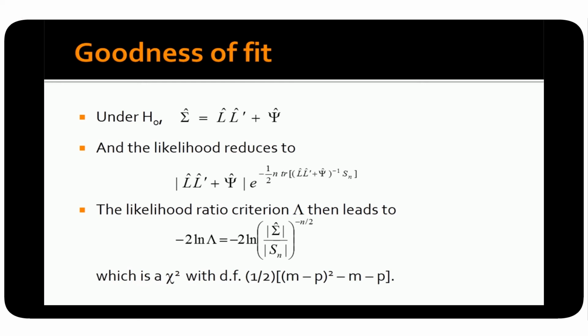There are some variations to this, but this is more or less a general result. In all cases, the variations also lead to the chi-square distribution, but with different degrees of freedom. But we can stick to this result as one of the ways to check whether the model that we have assumed is good enough for us.